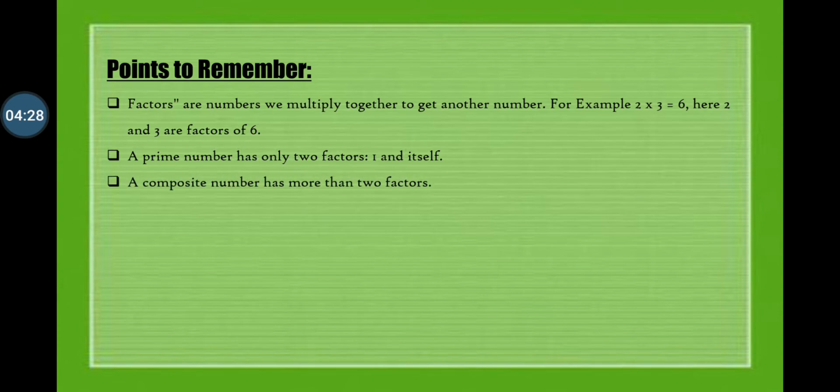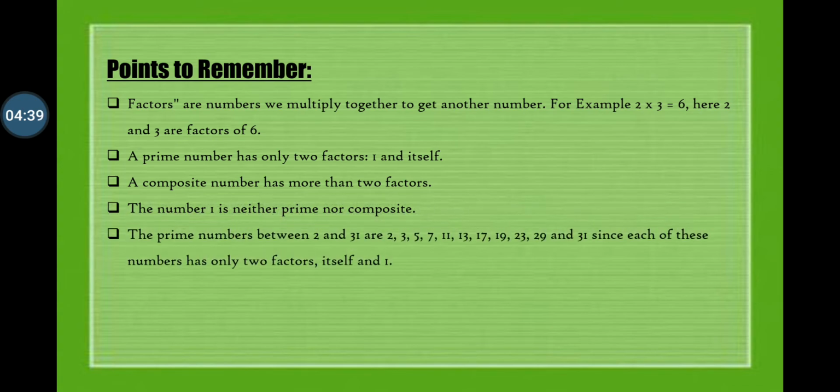A composite number has more than two factors. The number 1 is neither prime number nor a composite number. The prime numbers between 2 and 31 are 2, 3, 5, 7, 11, 13, 17, 19, 23, 29 and 31. Since each of these numbers has only two factors, 1 and the number itself.